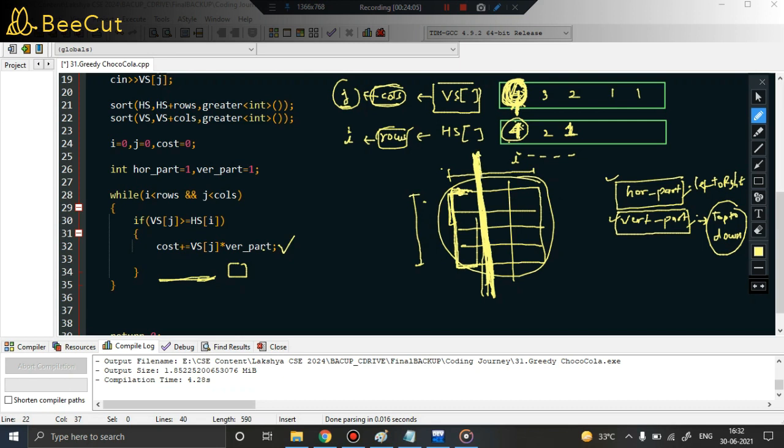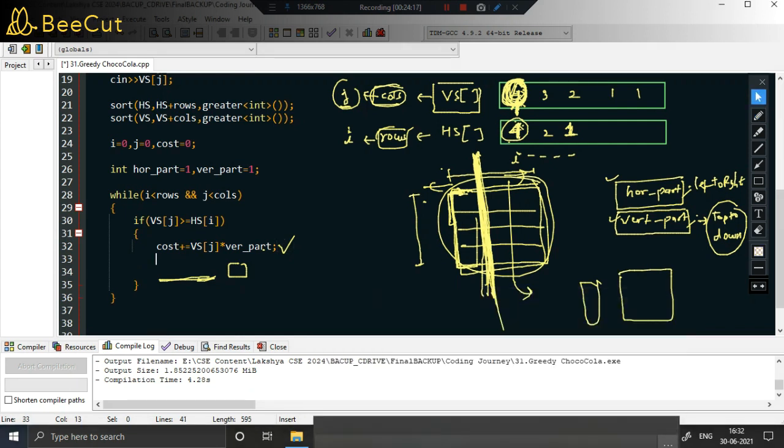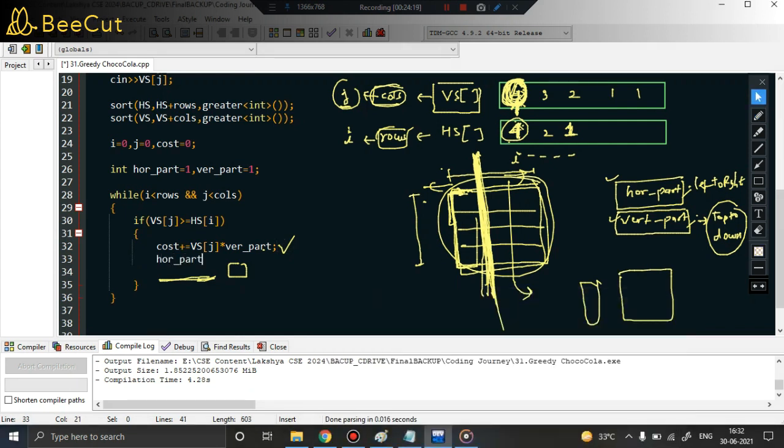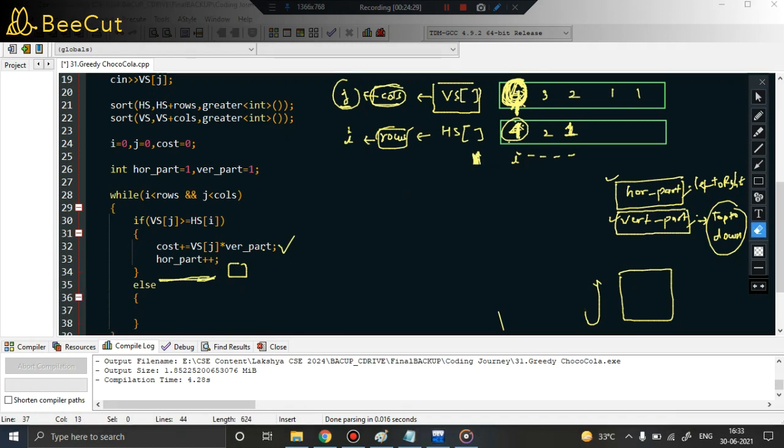But at the same time, when you cut this particular chocolate block, you increase the number of horizontal parts. Initially only one horizontal part was there, but right now it will divide into two horizontal parts, one here, one here. That is why I will write here hor part plus plus, meaning we have increased the horizontal parts. I hope you got the point.